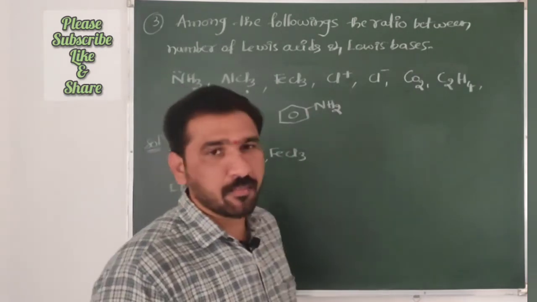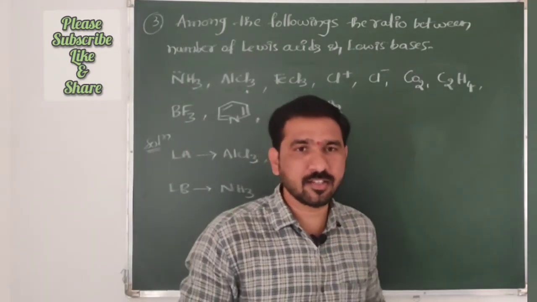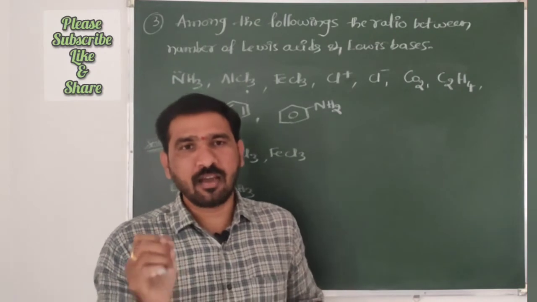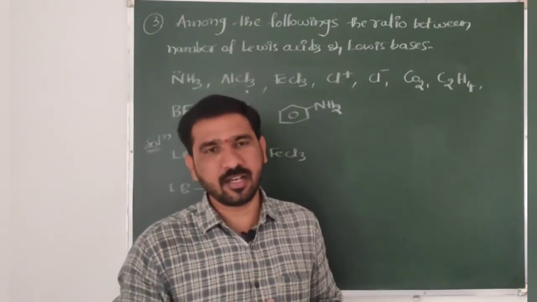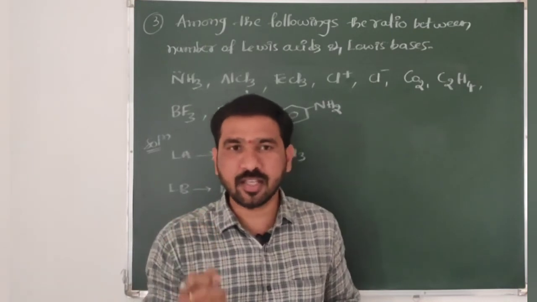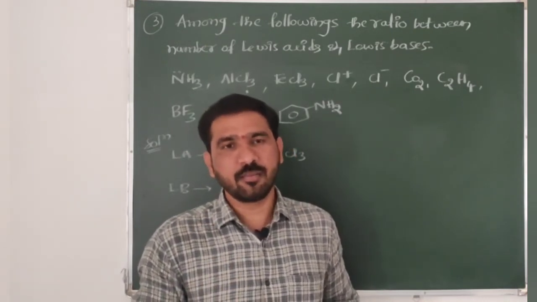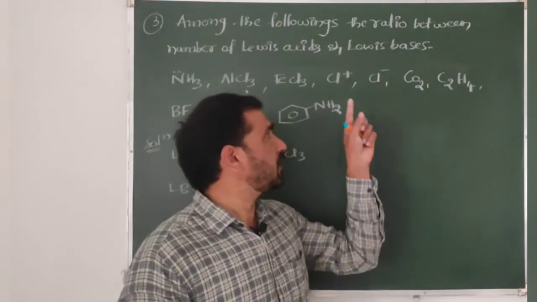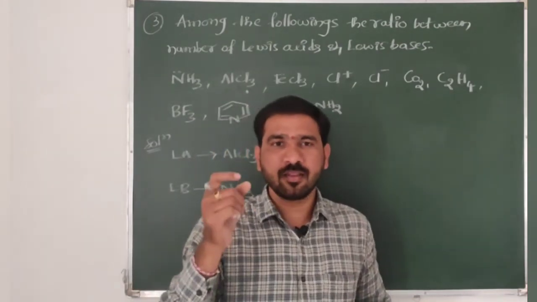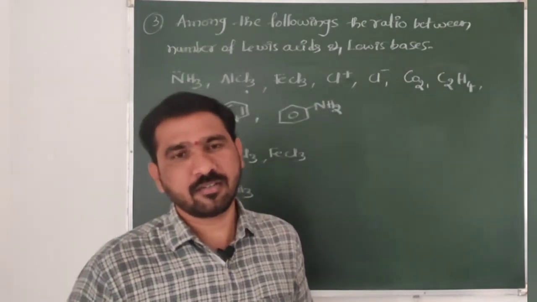right? Then coming to Cl plus, a cation. This we have discussed now, beta. Cl plus has 16 electrons; the nearest zero group element of Cl is, beta, argon, having 18 electrons. When Cl plus gains 2 electrons, or 1 pair, it attains what, beta? Argon electronic configuration, which is more stable.